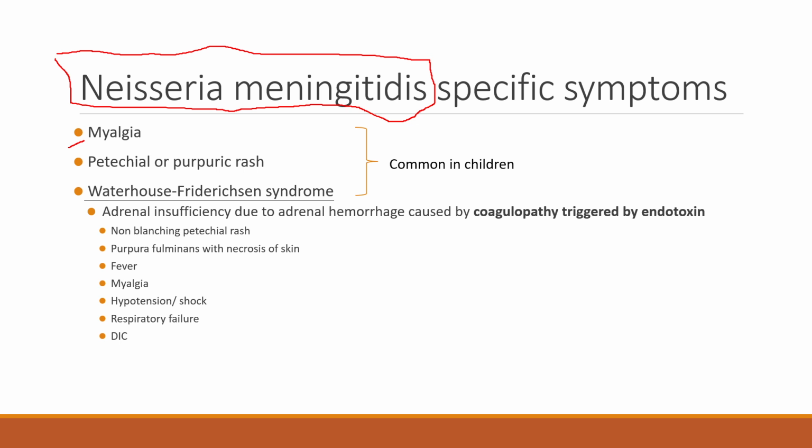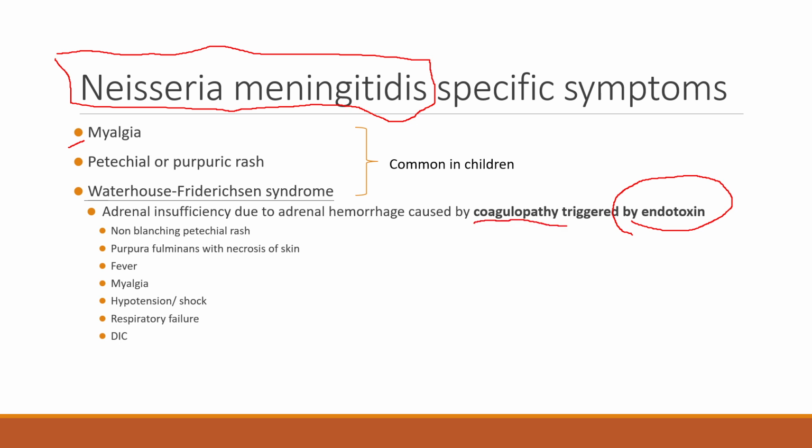What is this? This is basically adrenal insufficiency due to hemorrhage caused by coagulopathy triggered by the endotoxin. This endotoxin is triggered by the severe infection from the meningitis.